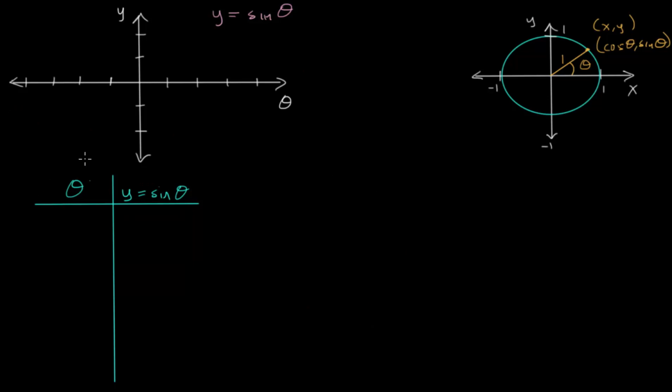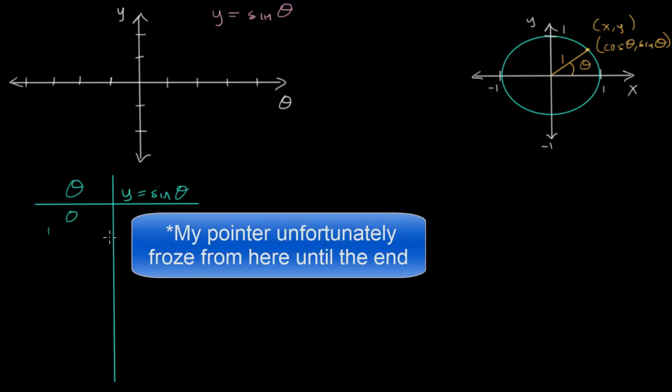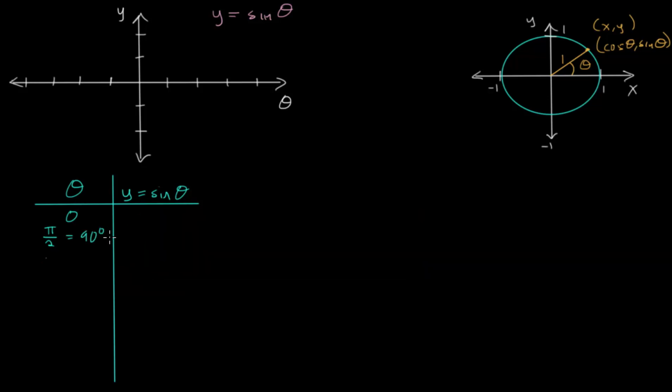And to start, we can look at when theta is equal to different key values. We can look at when theta is equal to 0 radians, when it's pi over 2 radians, or 90 degrees, when it's equal to pi radians, or 180 degrees, when it's at 3 pi over 2, or 270, and when it's at 2 pi radians, which is 360.